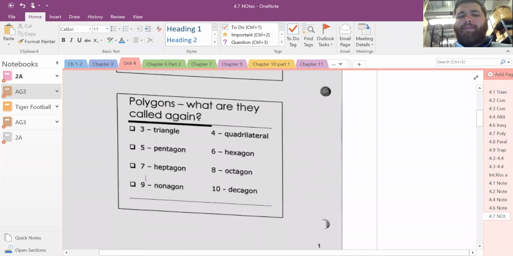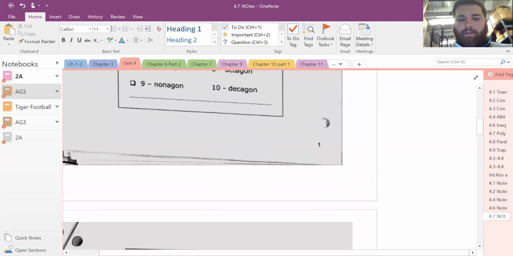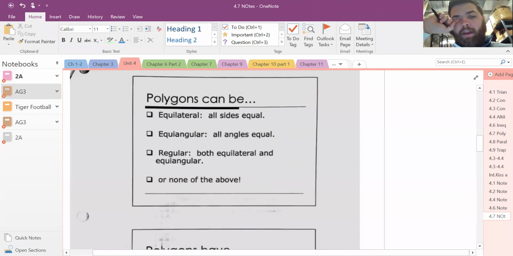Okay, remember how you classify polygons? You classify by sides. That number is all the sides. That's not angles, it's sides. Okay, polygons can be equilateral. We've already worked with those with triangles. That means all sides are equal. Equiangular, that's a hard word for me to say, means all angles are equal.